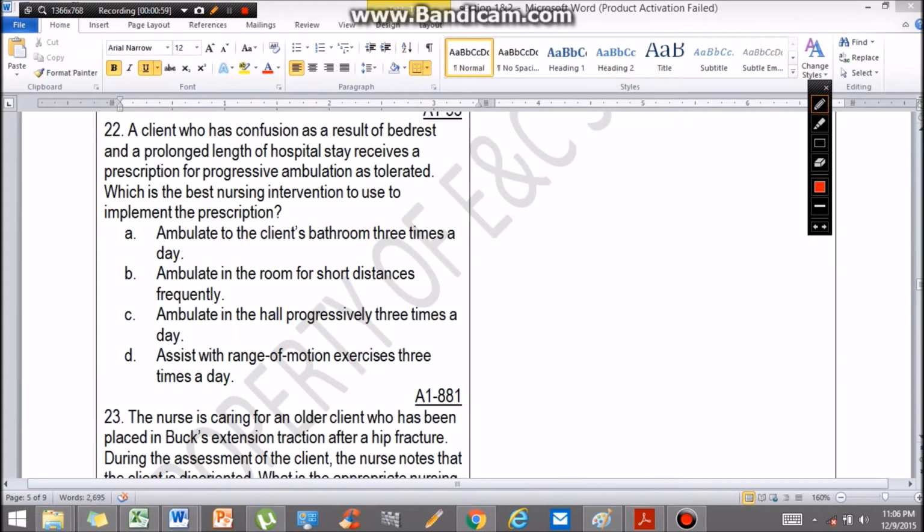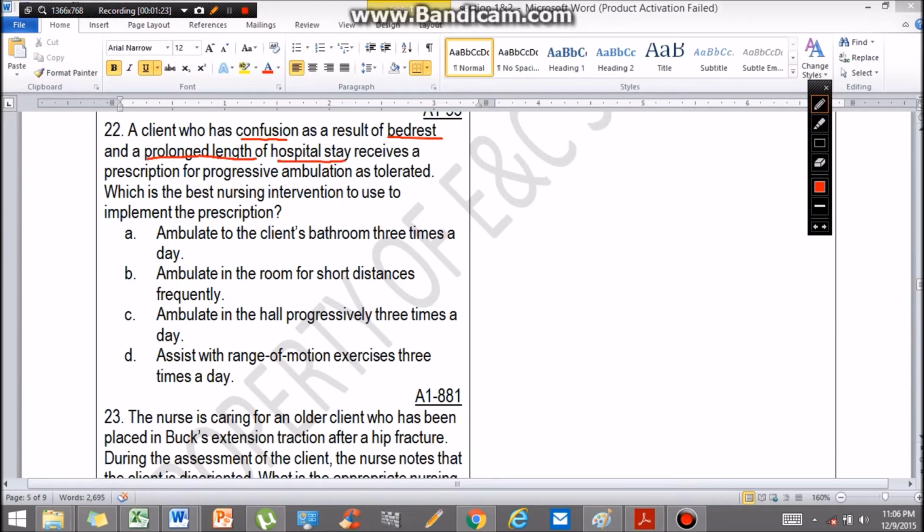a client who has confusion as a result of bed rest and prolonged length of hospital stay received a prescription for progressive ambulation as tolerated. Which is the best nursing intervention to use to implement the prescription? So in this situation, confusion is caused by bed rest and prolonged length of hospital stay.